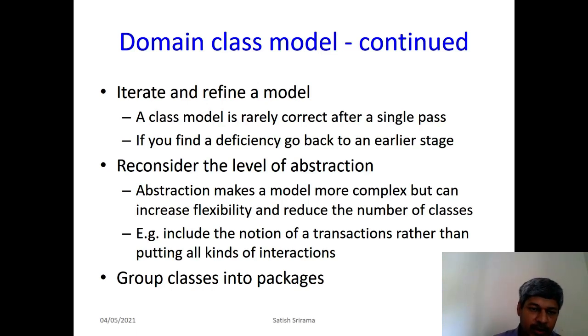Once you have iterated several times and refined the model, you can even reconsider the level of abstraction. Abstractions actually make a model a little bit more complex, but can increase the flexibility and reduce the number of classes.